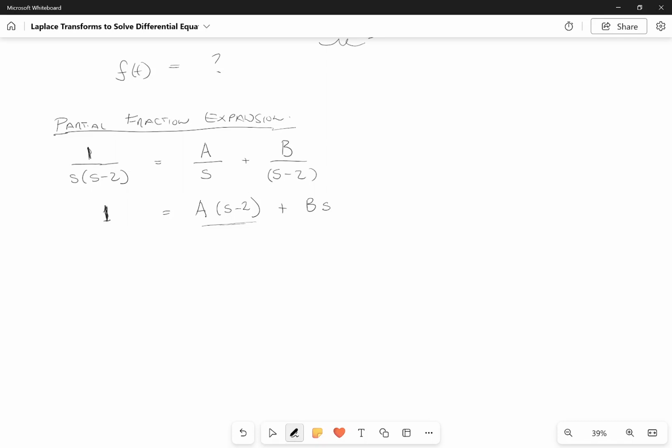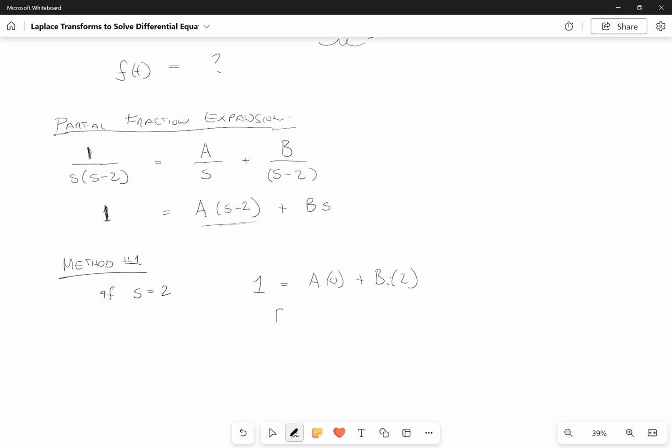Okay, let's look at method 1. What makes the first term 0? Well, if s equals 2, then the equation becomes 1 is equal to A times 0 plus B times s. Well, s is 2, so let me erase that. What is B going to be?